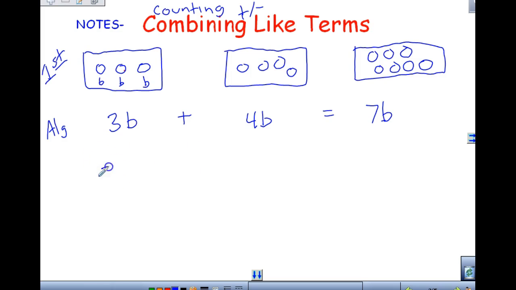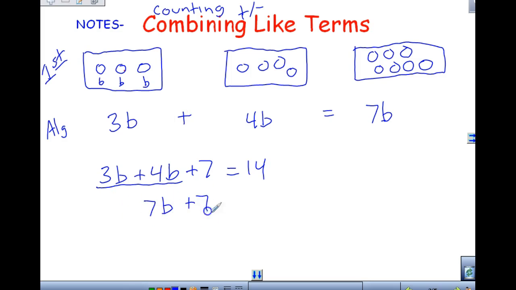When they're on the same side of an equation, like we had something like 3B plus 4B plus 7 equals 14, the first thing we're going to do is just look at those and say, well, instead of saying 3 blueberries and 4 blueberries, let's just call this 7B. And now it looks like something you just put on a quiz. You just combine those into one.